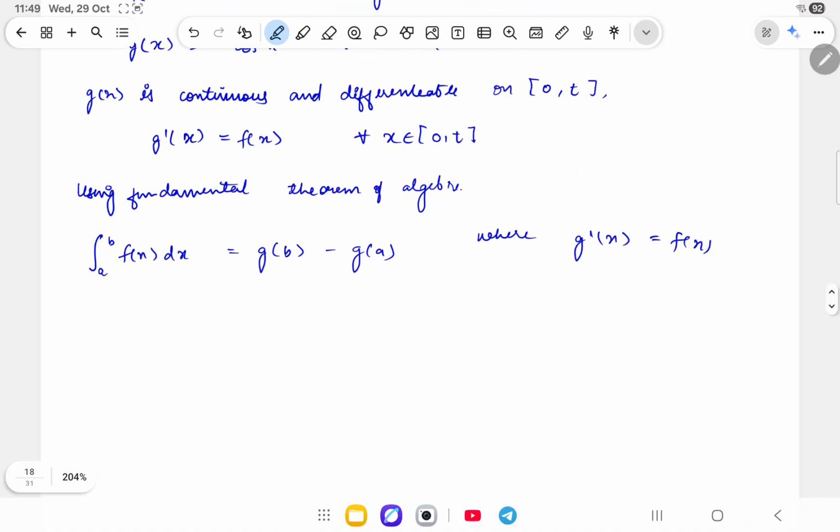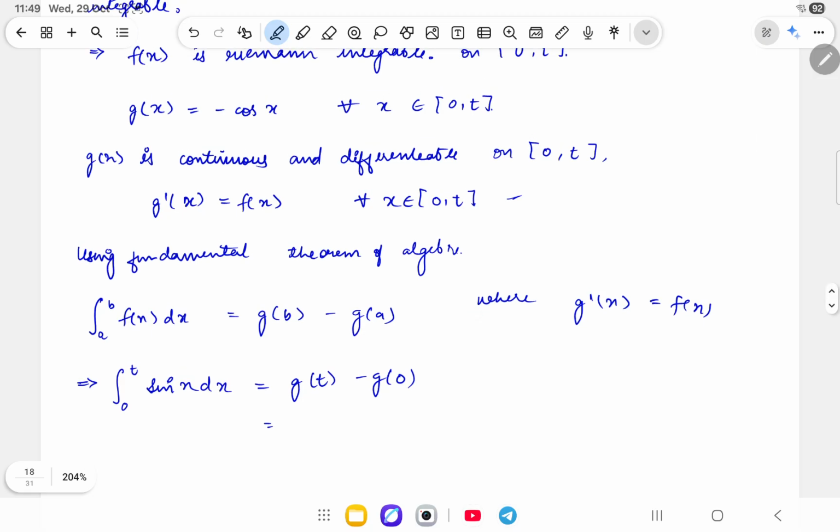Using this result on the f(x) and g(x) that we assumed, we'll get that the integral from 0 to t of sin x dx is equal to g(t) minus g(0).